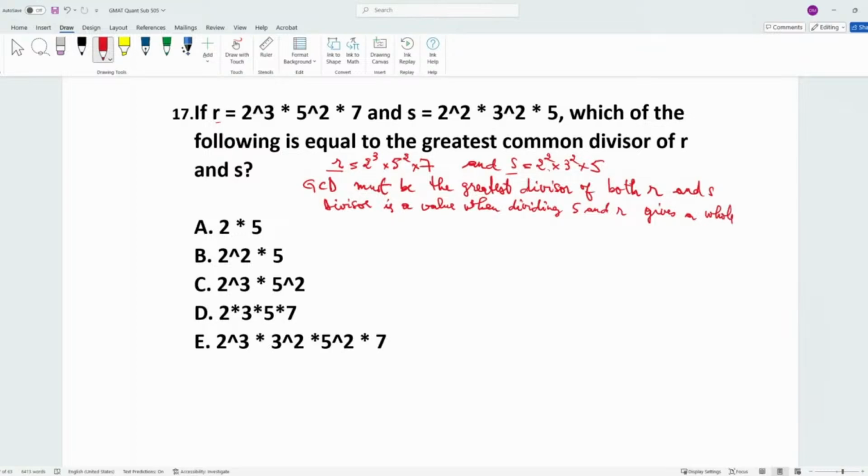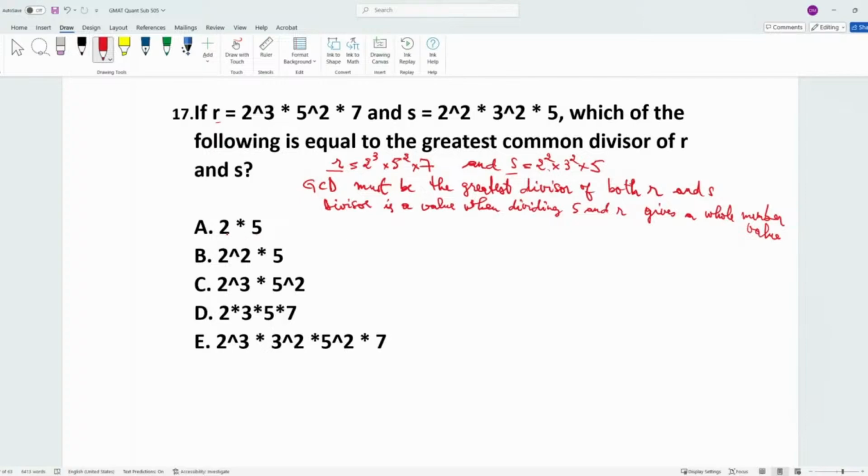Okay, not a decimal, not a fraction, a whole number value. So that means that for it to be a divisor, it needs to be a divider of R and S.